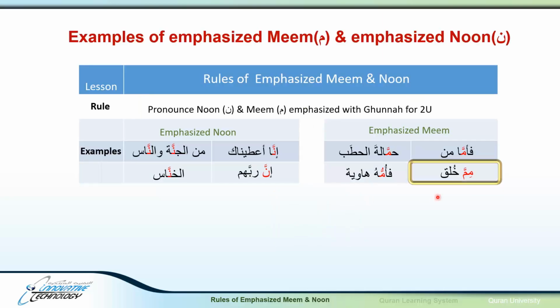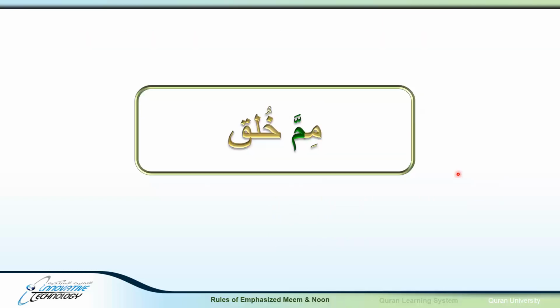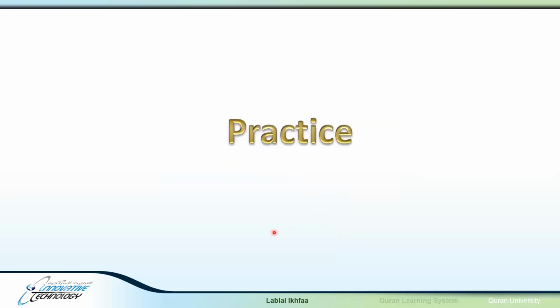The following example, مما خلق. مما is meem with shadda and fatha, basically 2 meems, first meem with sukoon, mim, second followed with another meem with fatha, mimma, and we give it Ghunnah for 2 units.